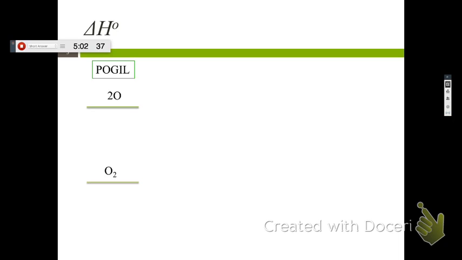So if we know that this delta HAC is negative 498 point whatever it was, what's delta H up here? 0. And we have two of those, right? So the change, is it going to be a positive or a negative delta H for the reaction?